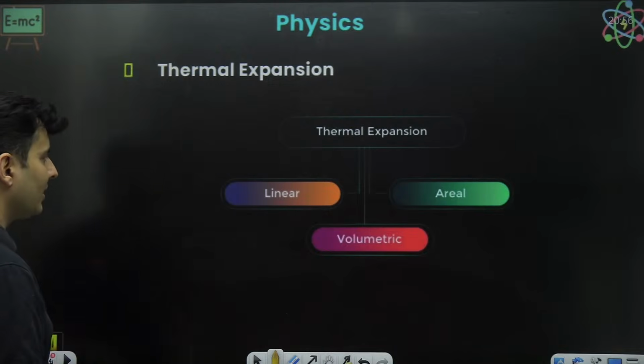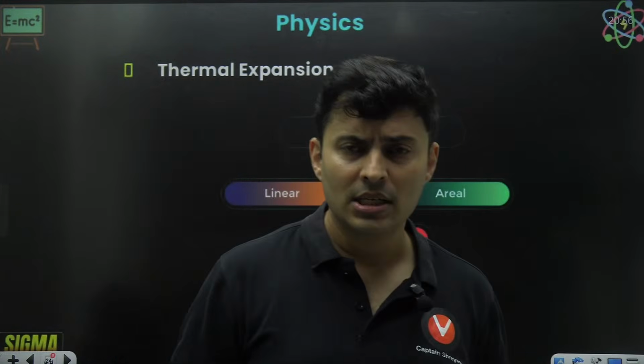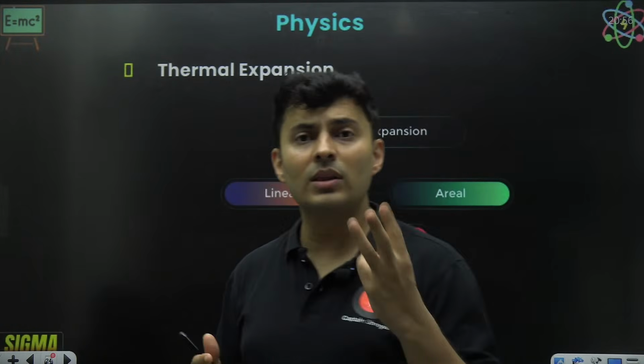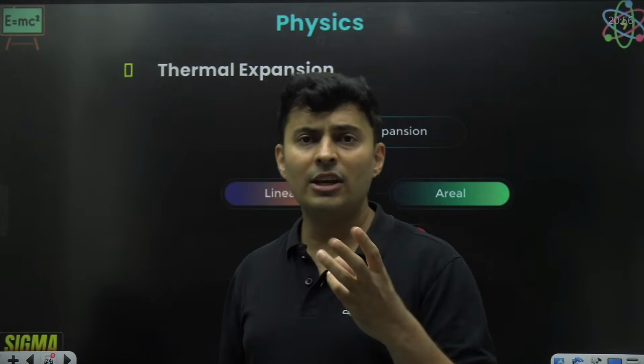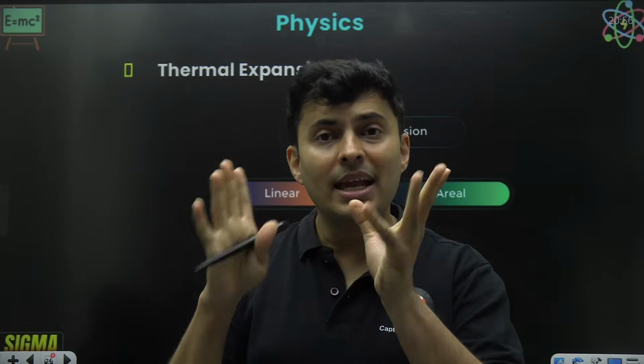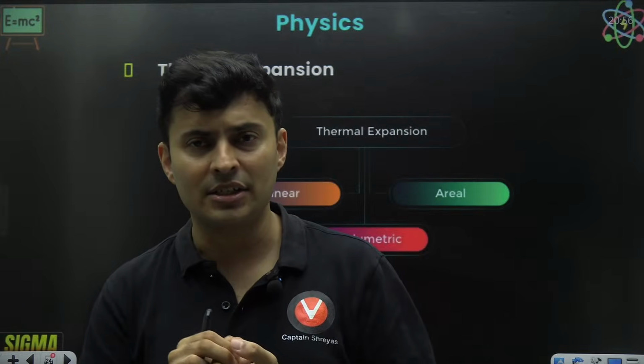You will understand everything. Now that we are focusing on solids and liquids, we are going to divide our study into three categories. When you heat something, maybe the length of it will change, maybe the area of it will change, maybe the volume which it occupies also might change.